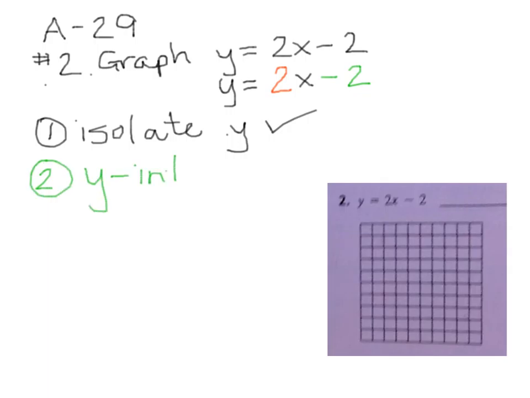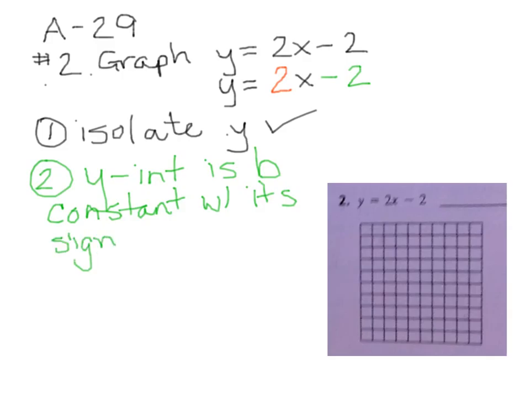Well, my y-intercept is b, so I know it's the constant with its sign, a plus or minus. So in this case, b is equal to -2.